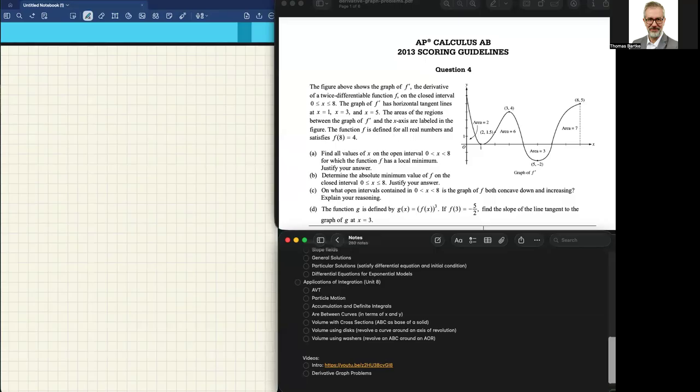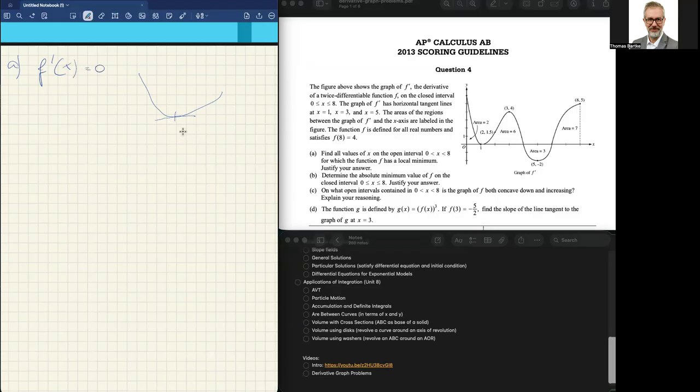So for a local minimum, you want to first write and remember what that entails. For a local minimum of f, we have to have f prime of x equal to 0, and f double prime has to be greater than 0 so that it's concave up.